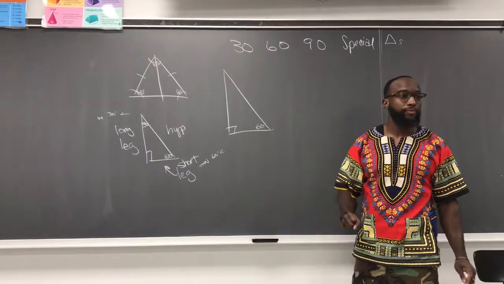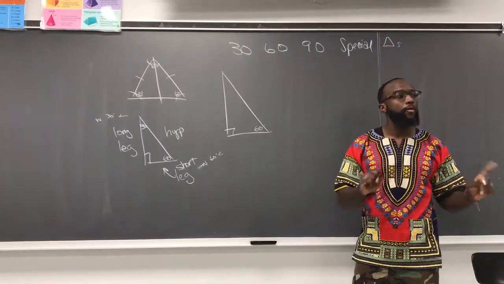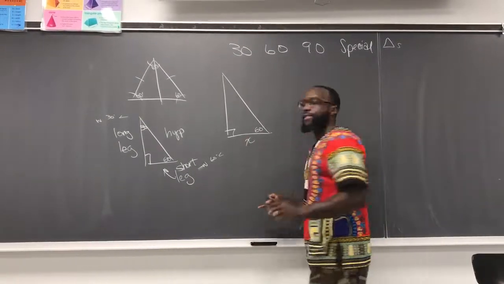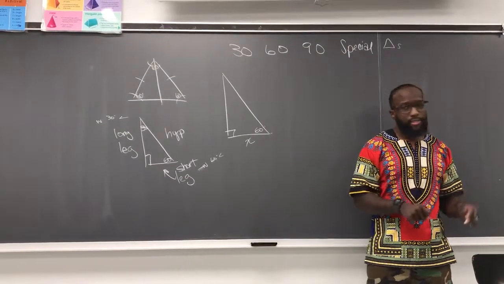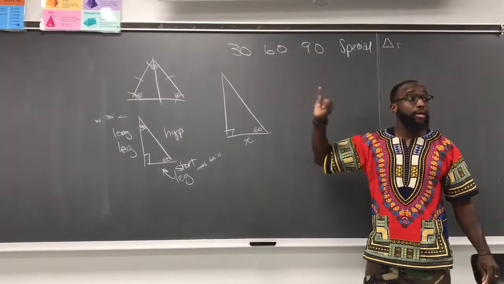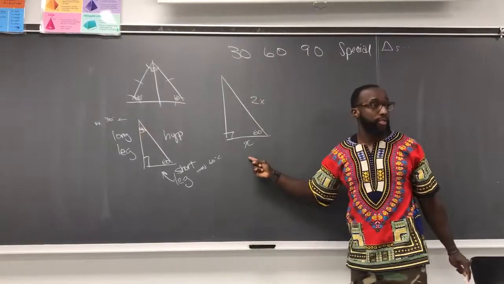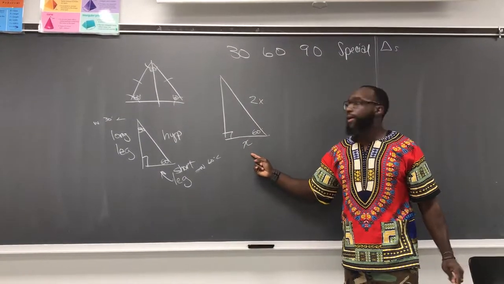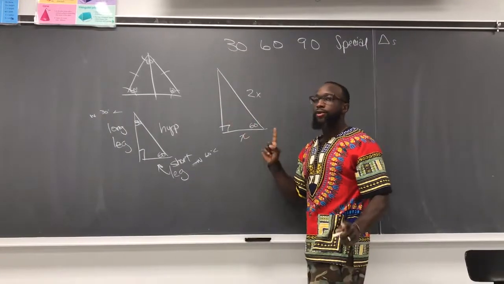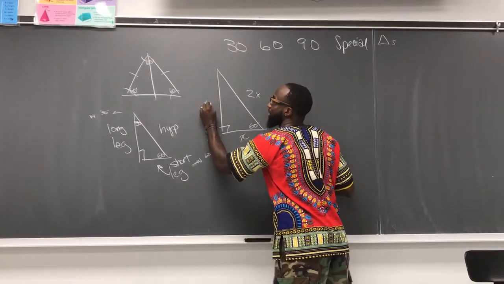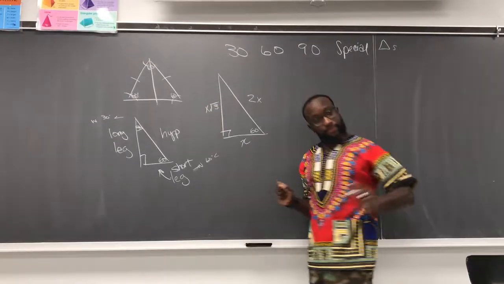So here it goes. The short leg is always known as X. The hypotenuse is always 2 times X, so it's double the short leg. And the long leg is always X times the square root of 3.